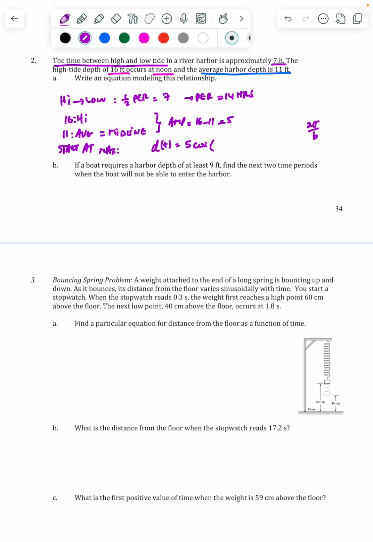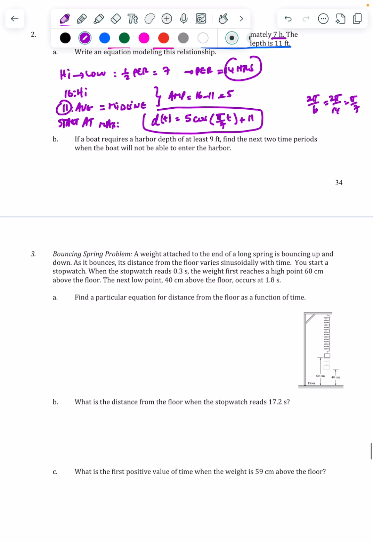We already said b is 14, so 2 pi over 14, which is pi over 7. So this is going to be pi over 7 t, and then plus the midline, which we just said was 11, the average. So 5 cos quantity pi over 7 t plus 11, that's the equation.